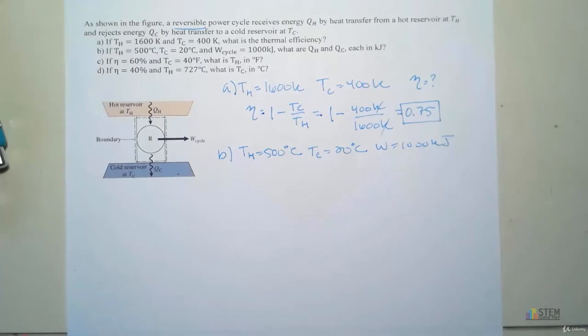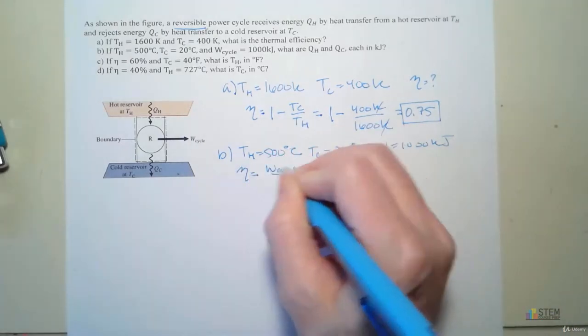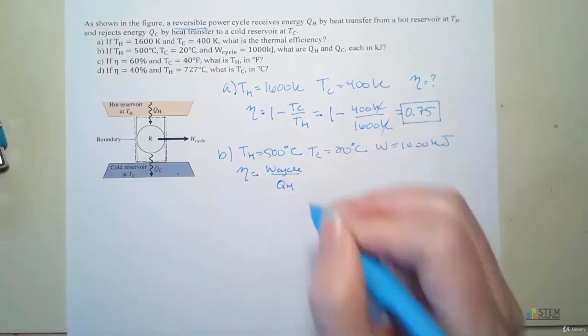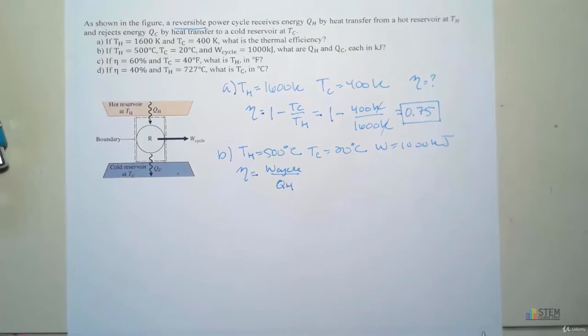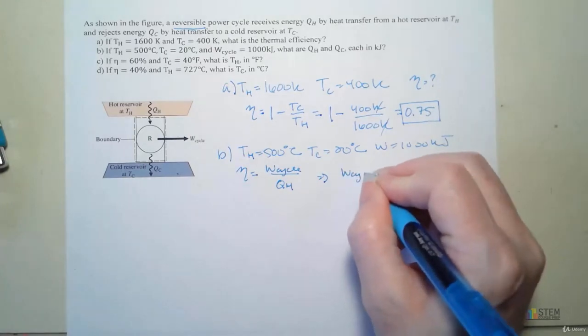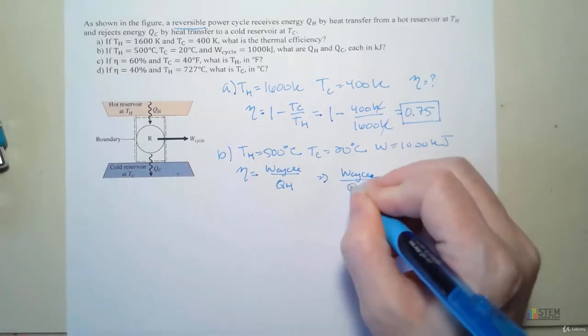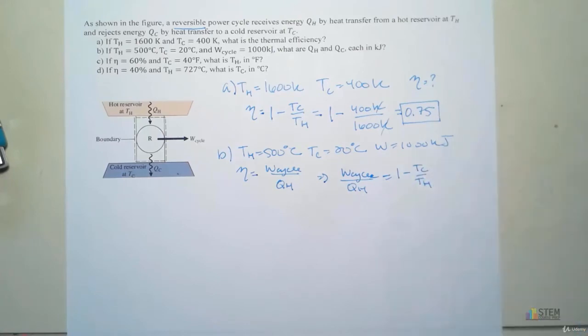Now remember that your eta is the work of the cycle per QH. So this equation works for any kind of power cycle, whether it's reversible or not. That means that we could say work of the cycle over QH is equal to 1 minus Tc over Th.